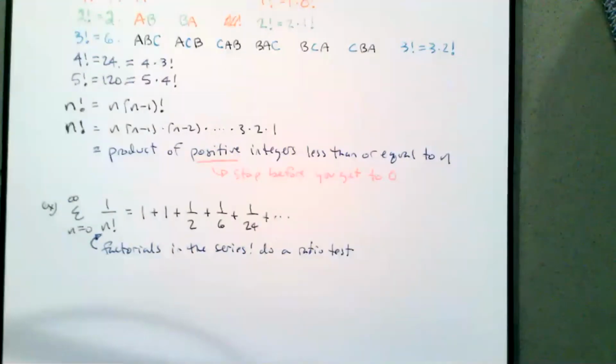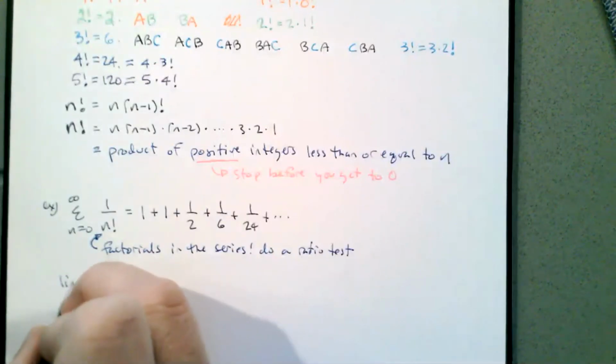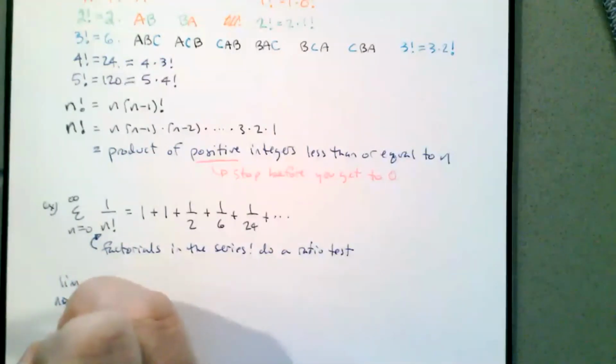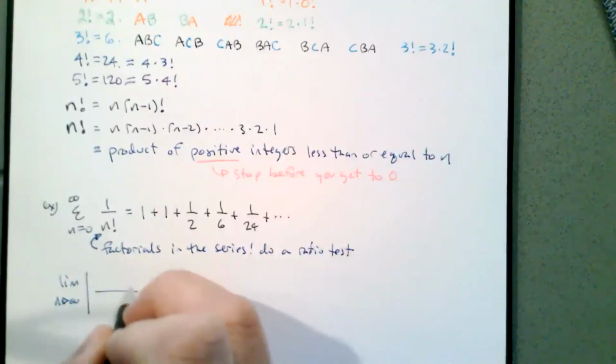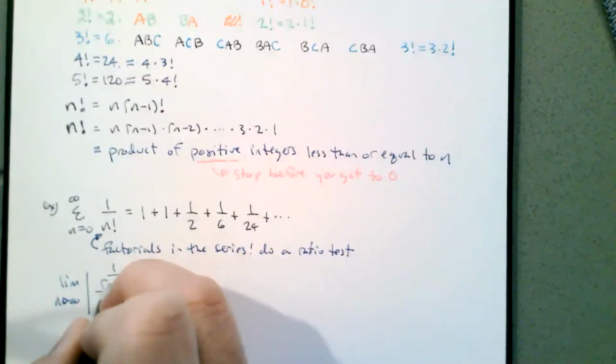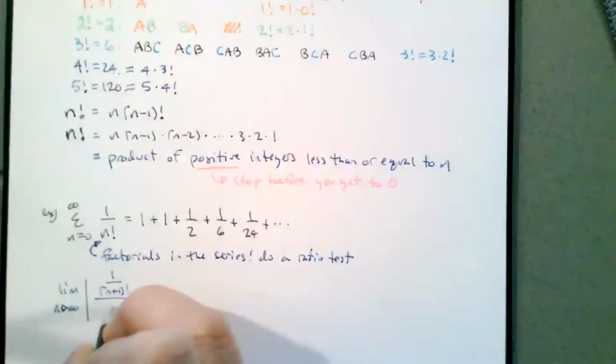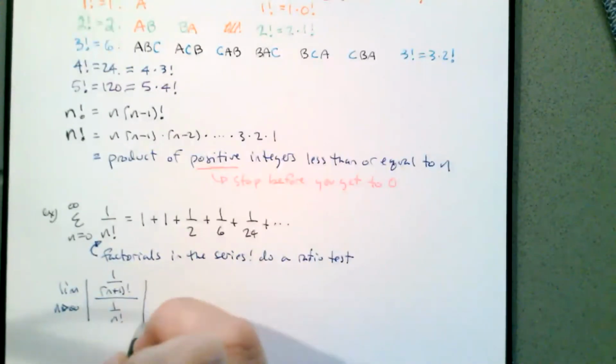The ratio test is really good at dealing with things like factorials. Let's see why. We want the limit as n goes to infinity of the absolute value of 1 over n plus 1 factorial, over 1 over n factorial.